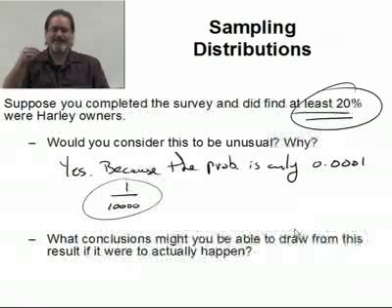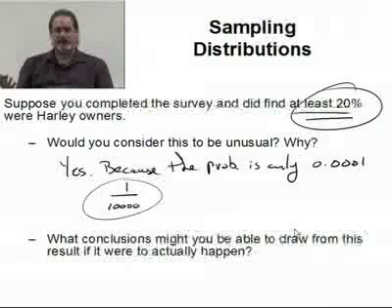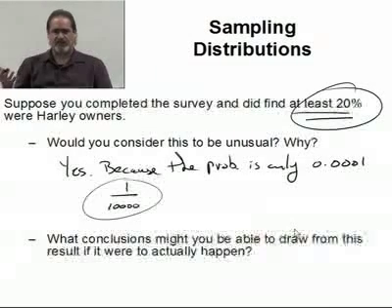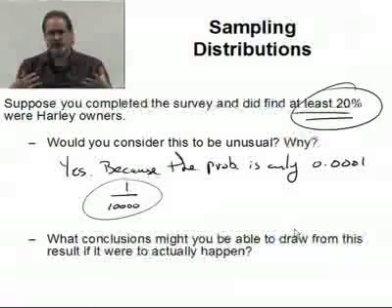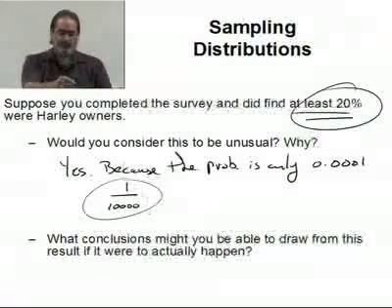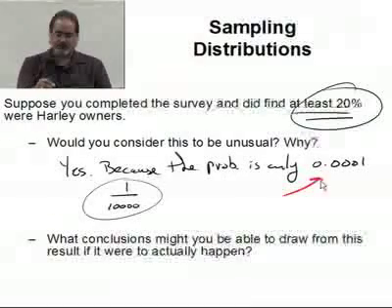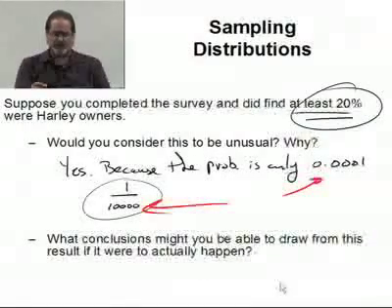Well, suppose it really did happen. And suppose that you were comfortable that your sample was reasonably representative of the population. So let's make the assumption here that you did everything right and you feel good about what you did. But this actually happened. You actually ended up with a probability of 0.0001. What conclusion might you be able to draw?